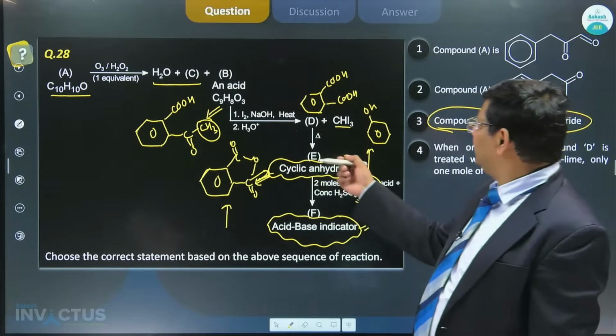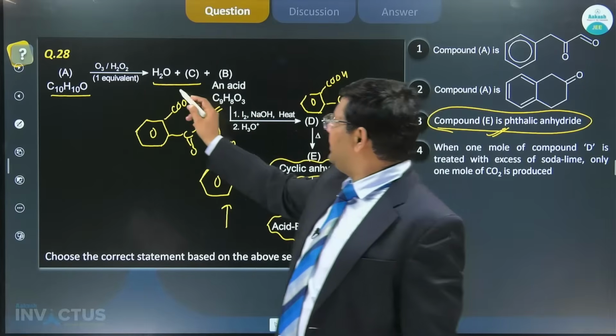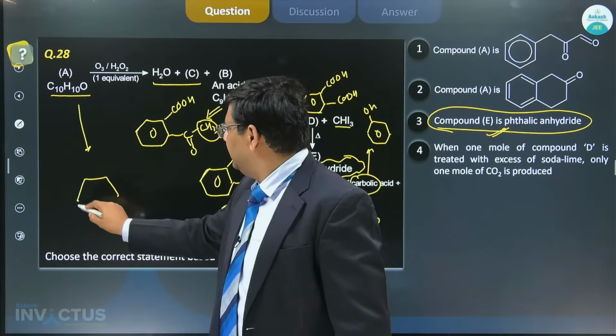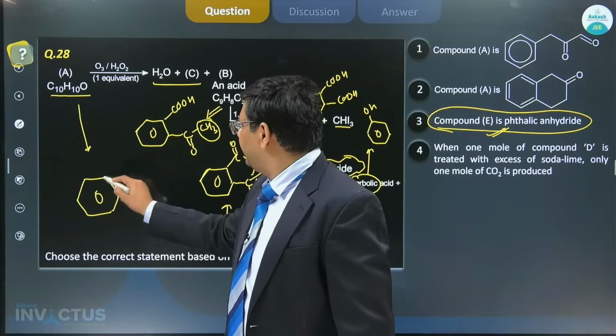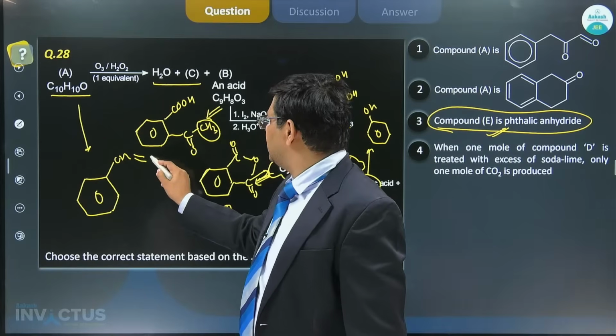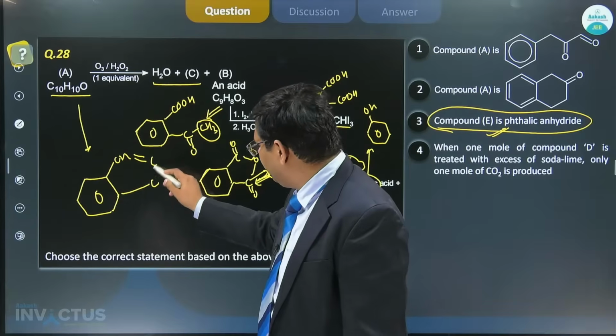Only because of the methyl ketone you will get iodoform, and you will get this product. It means this compound must contain this type of ring, CH, that is double bond C. See the situation, because you have to solve from there.